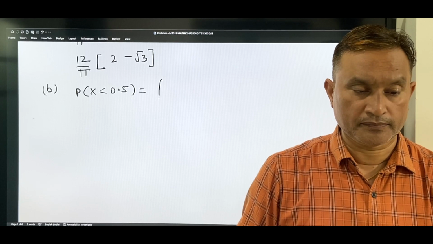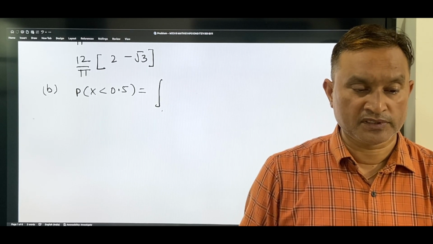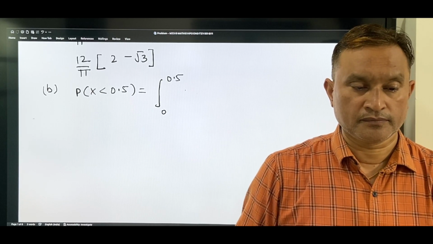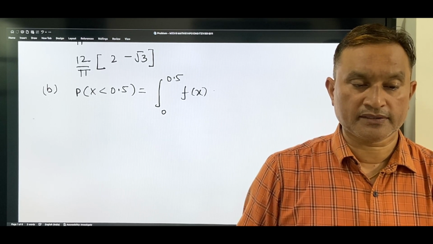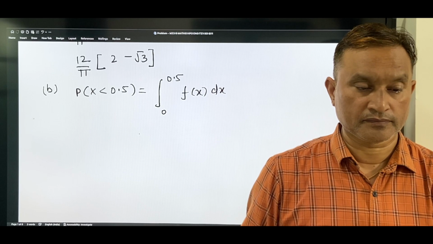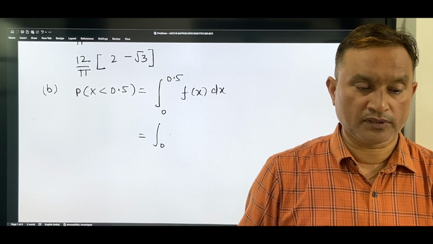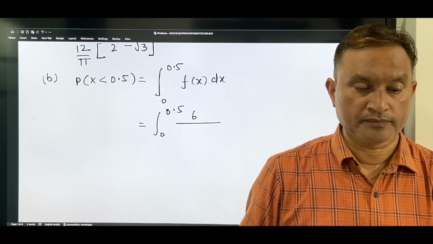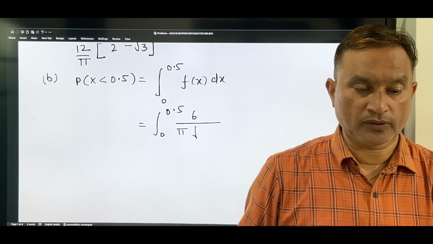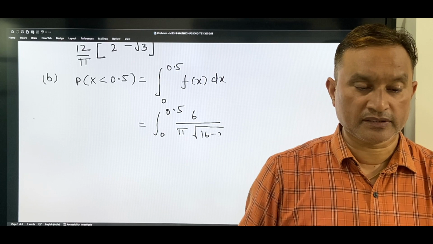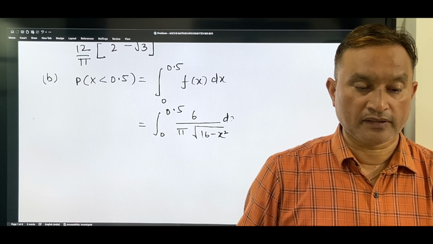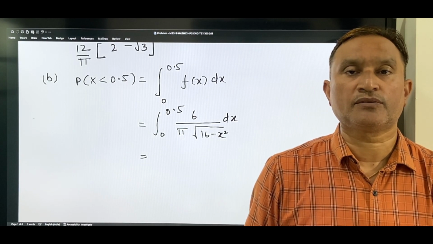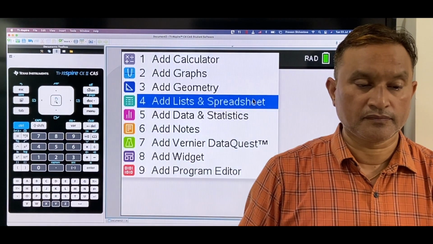So here we will integrate from 0 to 0.5 f(x) dx, that is 0 to 0.5 of 6 upon pi square root 16 minus x square dx. Now with the help of a calculator we will find out the probability.